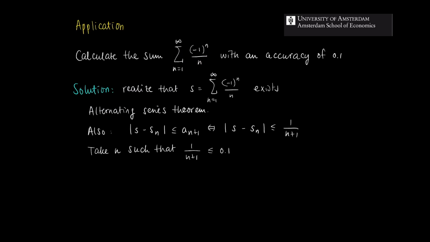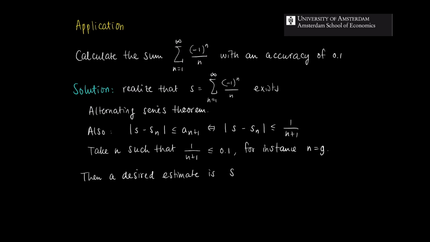So 1 over n plus 1 is smaller than 1/10, for instance, if we take n equals 9. That would be the smallest n that satisfies this condition. So a suitable approximation is the estimation by S_9.